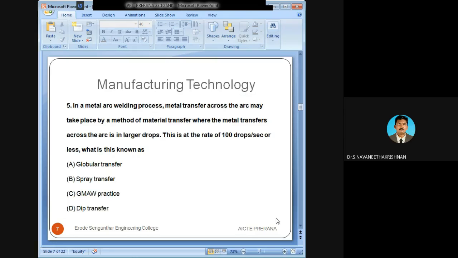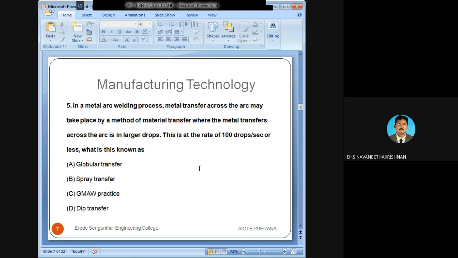So the answer A is globular transfer. The answer B is spray transfer. The answer C is GMAW practice.